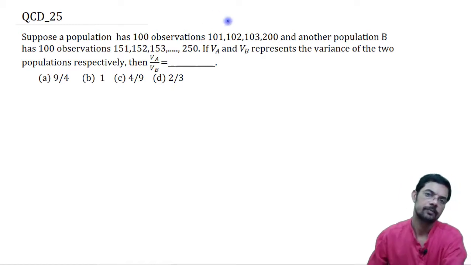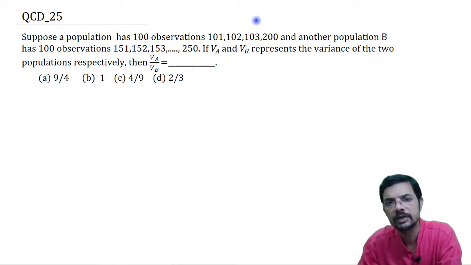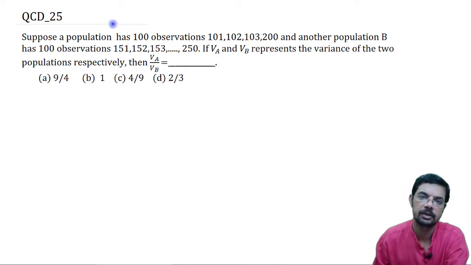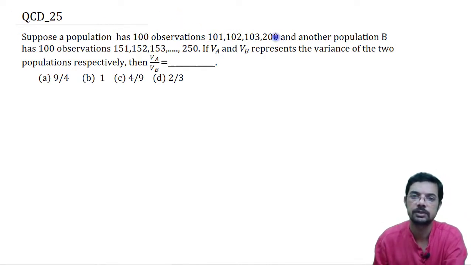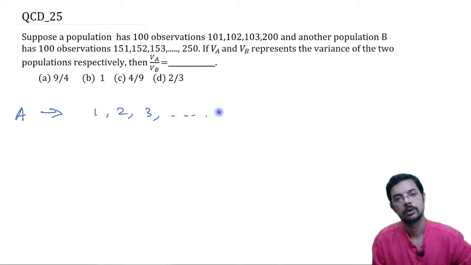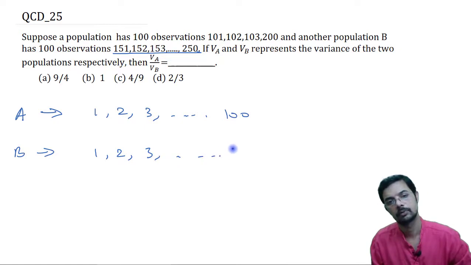So clearly these are consecutive numbers. The standard deviation is not affected by change in origin. If we subtract 100 from each of the observations, A becomes 1, 2, 3 up to 100. Same way, if we subtract 150 from each observation, B becomes 1, 2, 3 up to 100.